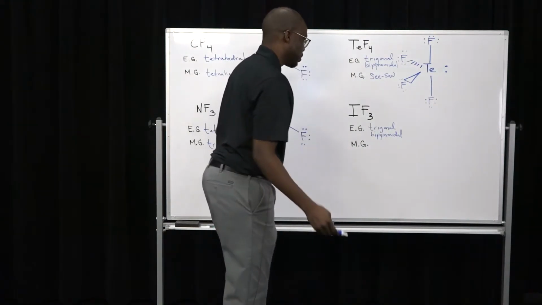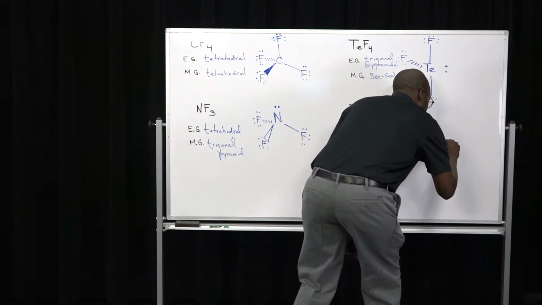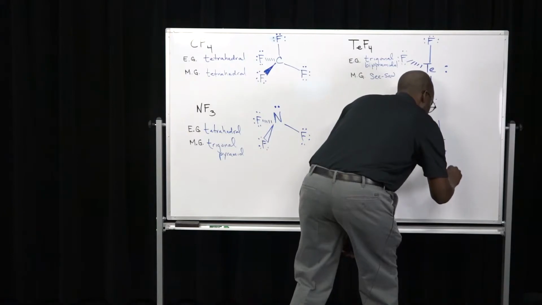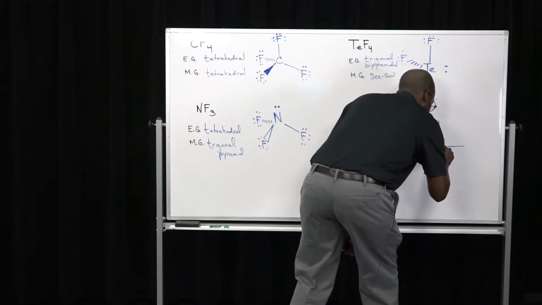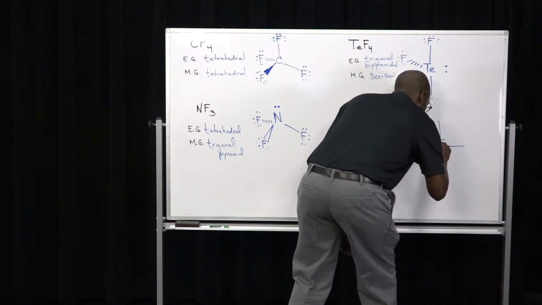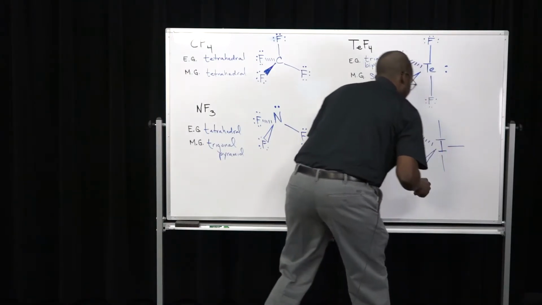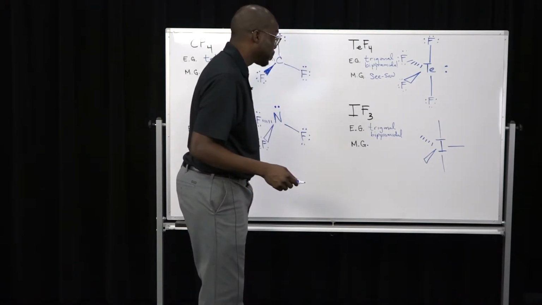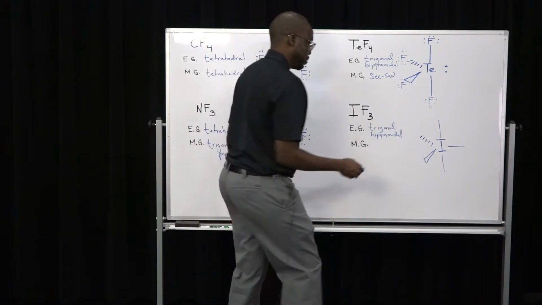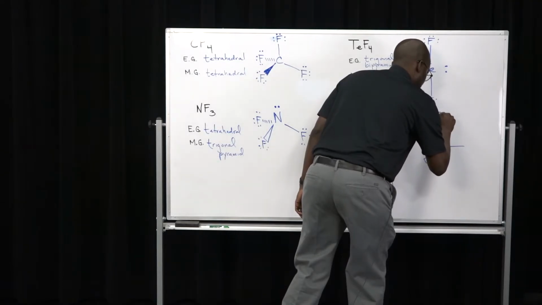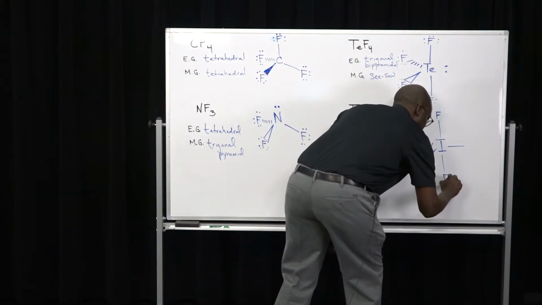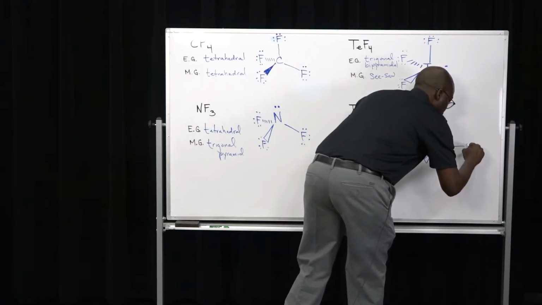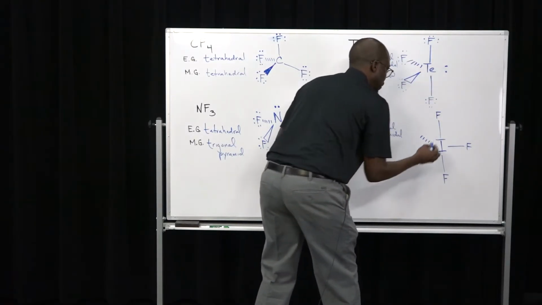Okay. I'll do the same thing here, where we have iodine. But we only have 3 bonds with fluorine. So I'll make sure that the fluorines occupy the axial positions and 1 of the equatorial positions.